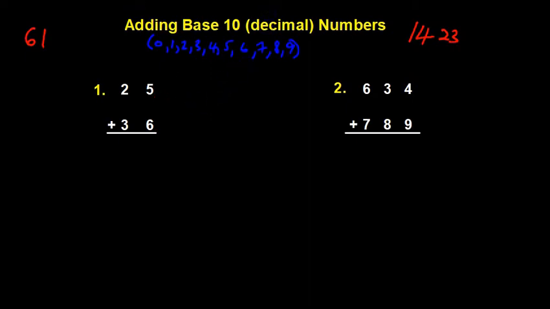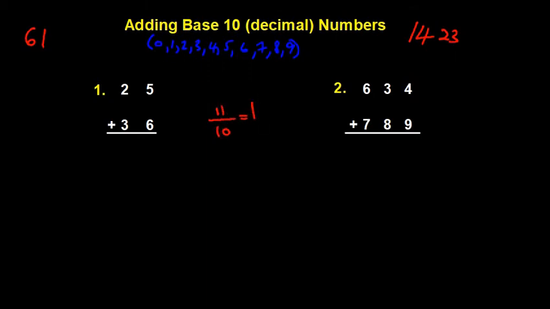Okay, so we got 11 for the addition, but 11 is not included in this set of digits because we are in base 10. So how you can look at it is we put down the 11 right here. We are in base 10, so we divide by 10, right? How many times can you get 10 out of 11?